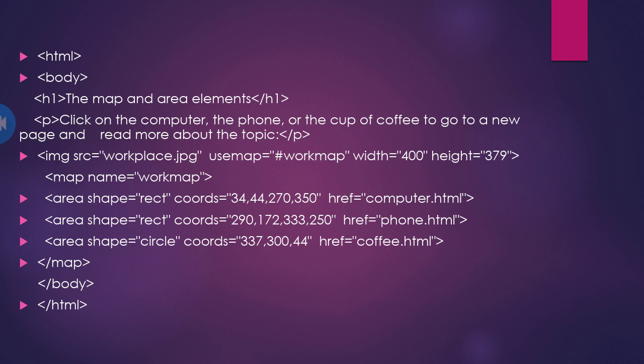In the src, you have to give the name of the image with its extension. Next, usemap. Usemap means you are using client-side image mapping, equals, you have to give any name in the usemap by using the hash symbol. So here I have used the name workmap with the hash symbol.